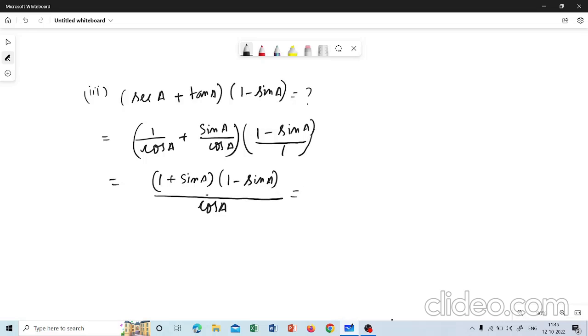So now I can write it, again the same formula, a plus b into a minus b is a square minus b square.